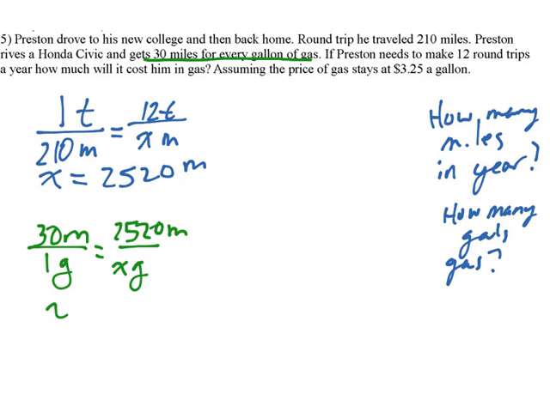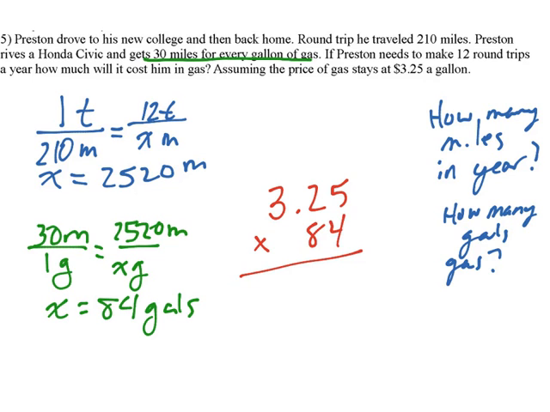Okay, we solve for x again, we find that x equals 84 gallons of gas. Well, now that we know he uses 84 gallons of gas, we can multiply that by $3.25 per gallon, and we'll find out that it costs Preston $273 to drive back and forth from college to home.